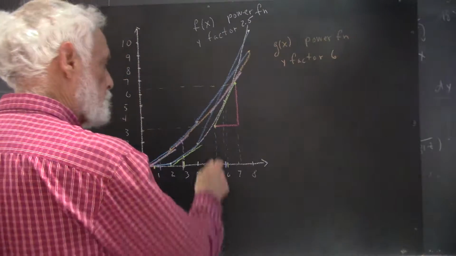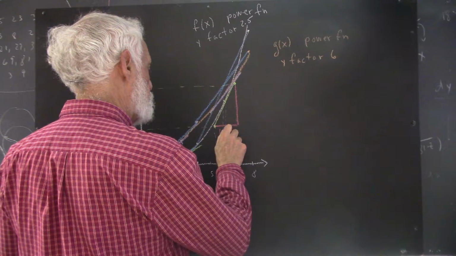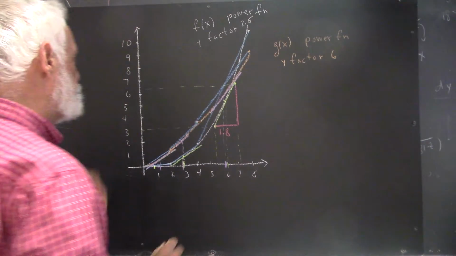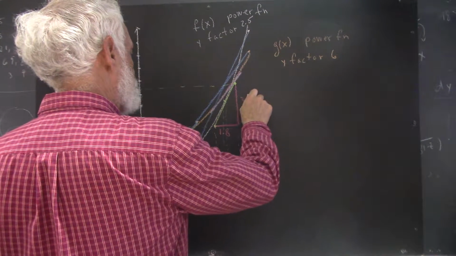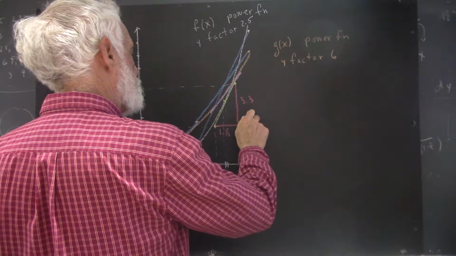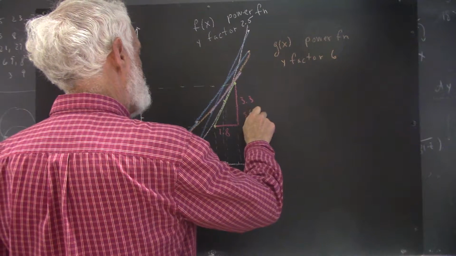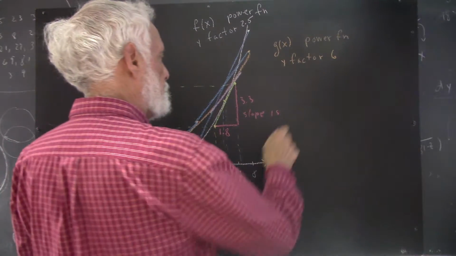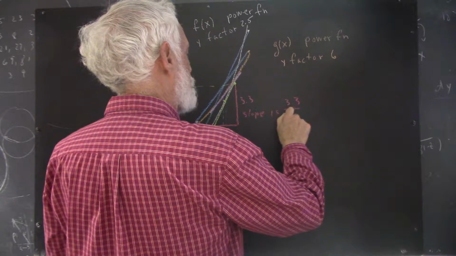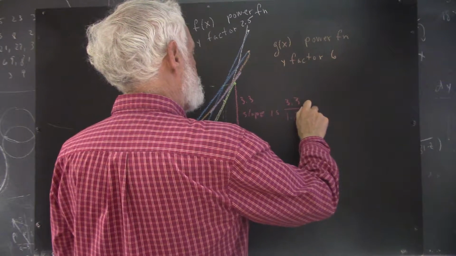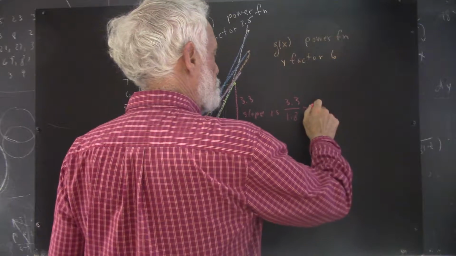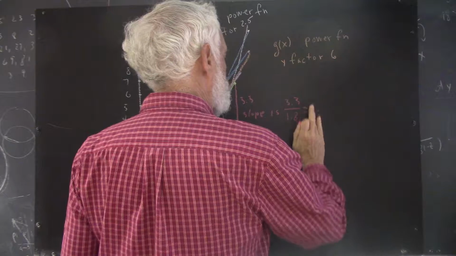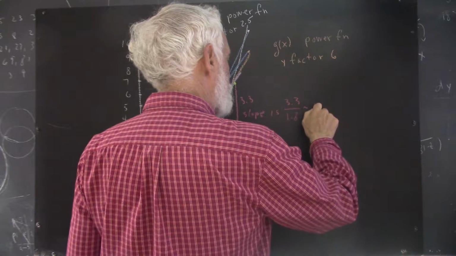So the run from here to here is about 1.8, and the rise, going from about 3 to about 6.3, is 3.3. So the slope of this green tangent line is 3.3 over 1.8, which is approximately equal to a little less than 2, approximately 1.8.